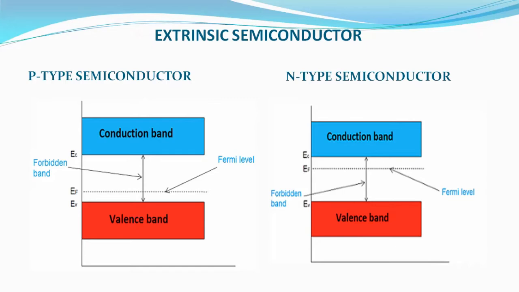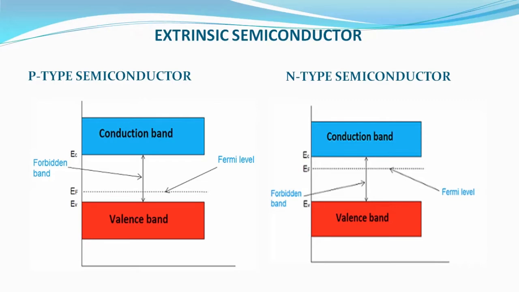So this Fermi level will get shifted upward, towards the conduction band, maintaining some distance from the conduction band minima. We will calculate this distance mathematically. For p-type semiconductors also, this Fermi level maintains some fixed distance from the valence band maxima. Again, we will calculate that distance mathematically.